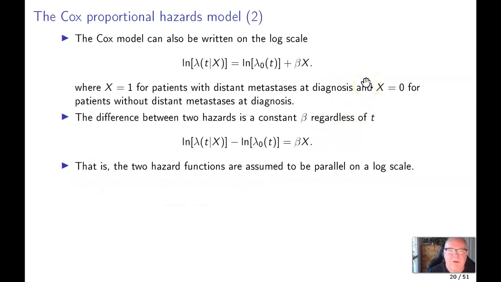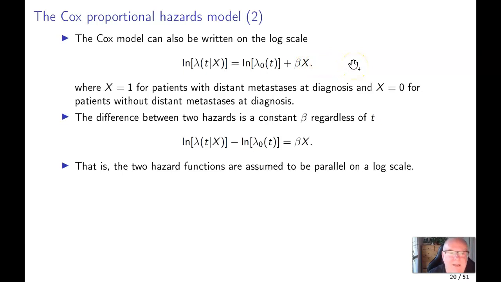Now, we can also write it on the log scale. If we take the logarithm of both sides, then we have the log of the hazard, the log of the outcome, is equal to the log of the baseline hazard plus the covariate effects.